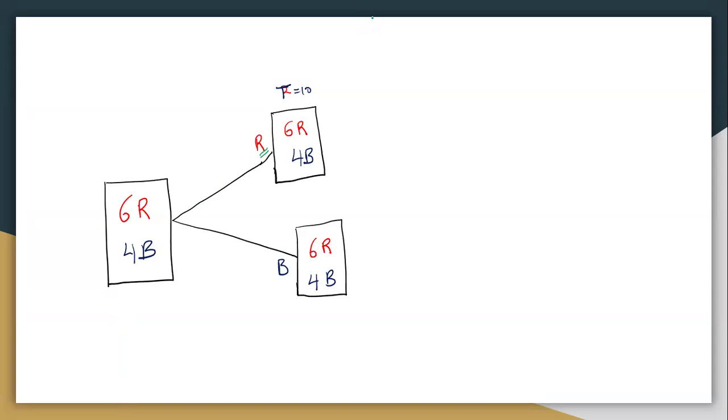So here we shall have 6 out of 10, and here we shall have 4 out of 10. Remember we have said that our total sample space has 10 pens, but the number of events that the pen is red, according to this branch, is 6. So the chance of picking a red pen is going to be 6 out of 10.